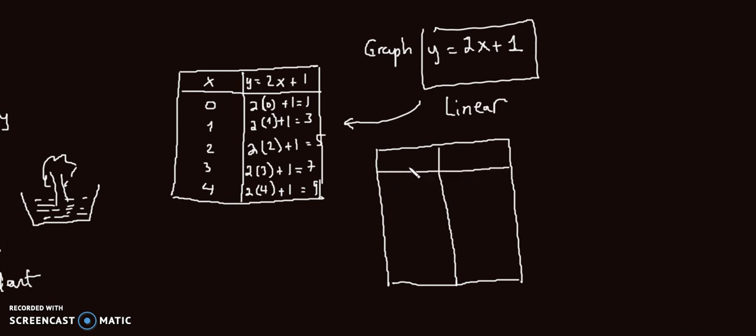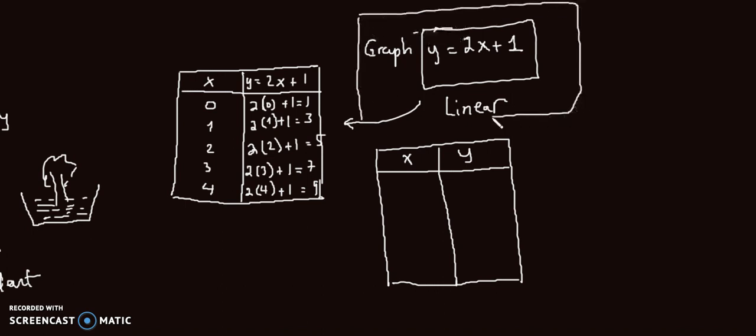So let's say I have x and y, a table, and imagine that you're not given the equation. So let's say I have 0, 1, 2, 3, 4, and 1, 3, 5, 7, and 9, and they ask what kind of relationship is that?